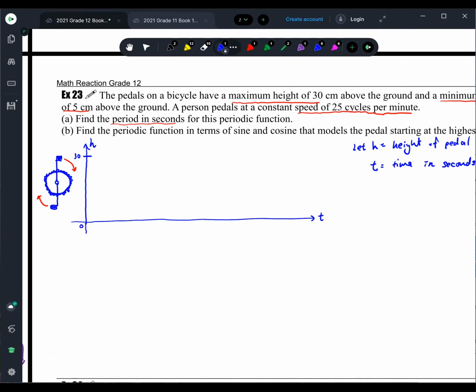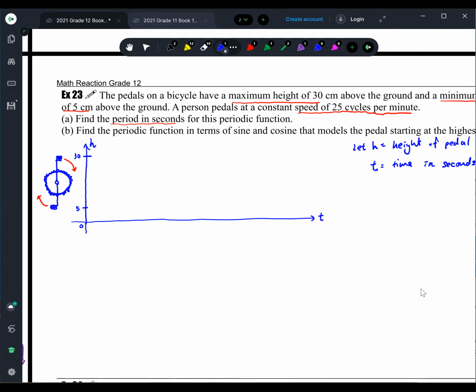I cannot hear you, Waylon. Is your mic turned on? Okay. All right, 5. Yeah, very good. Okay, so 5 centimeter above the ground, so I will call that 5.